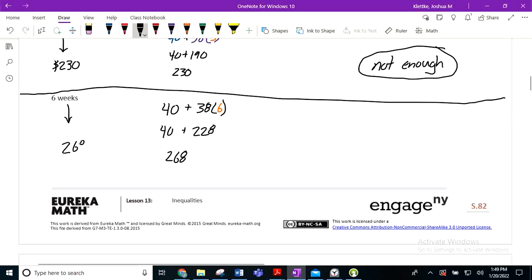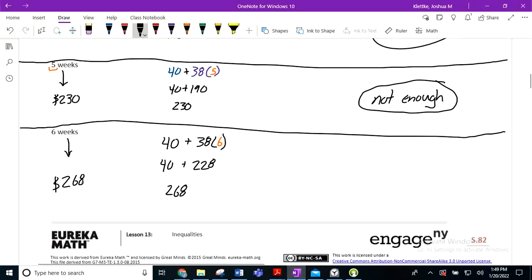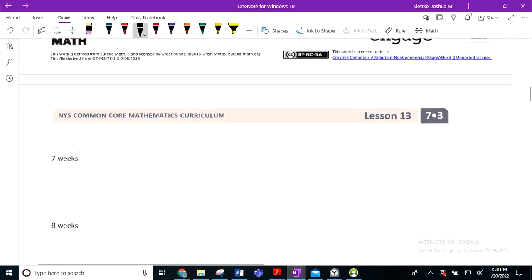So, just going to double check, look at that. He only needed $265.49. Now he has $268. Well, he has enough. So he has enough after 6 weeks.